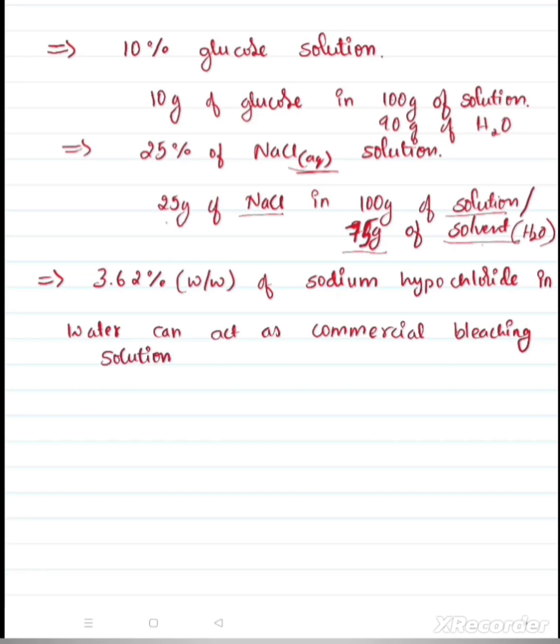Okay, from this they may ask an MCQ. How much percentage of sodium hypochlorite? Sodium hypochlorite is used as commercial bleaching powder. They may ask, 3.62% of sodium hypochlorite in water can act as what? Anything they may ask.